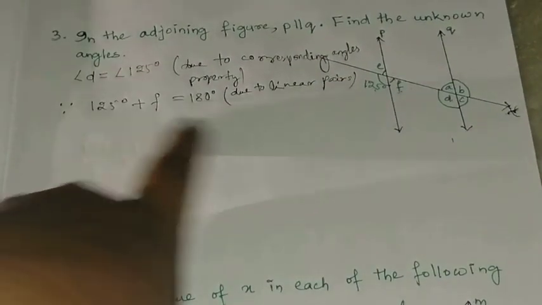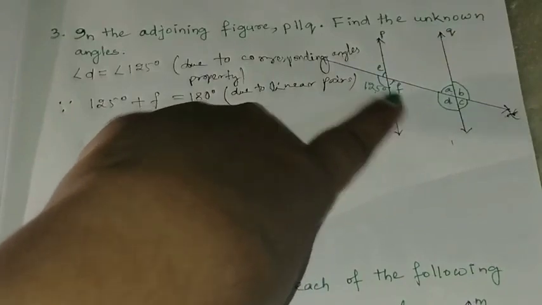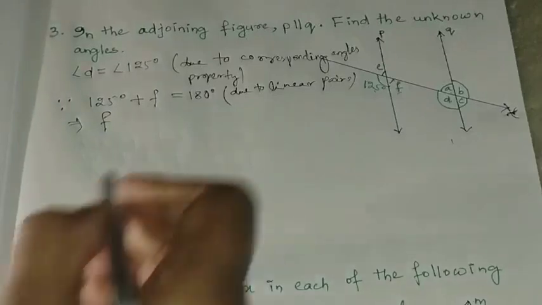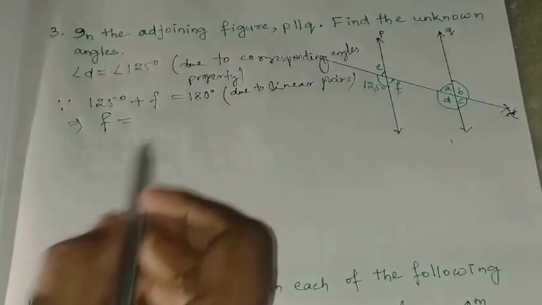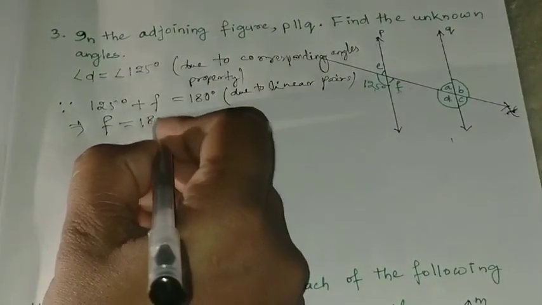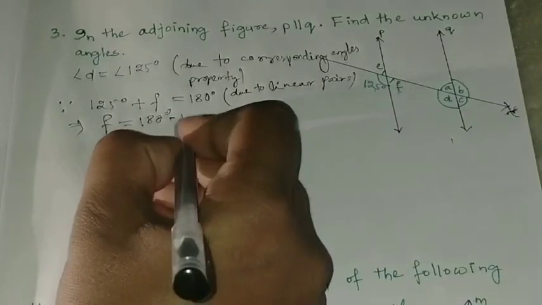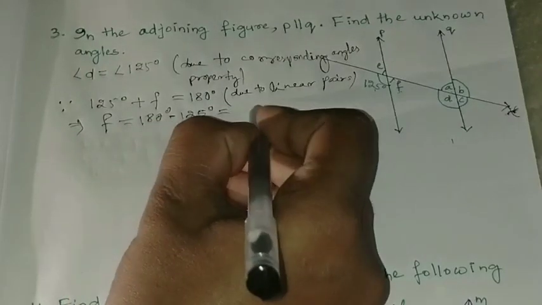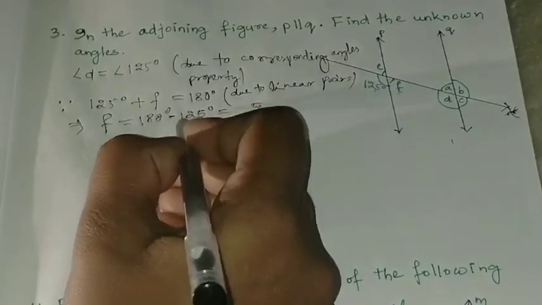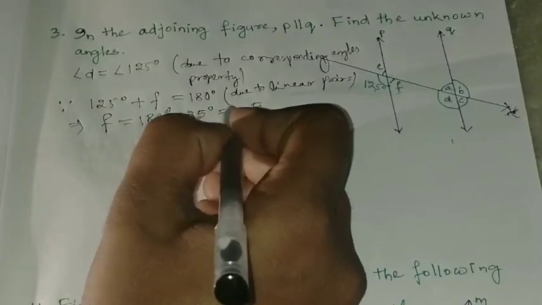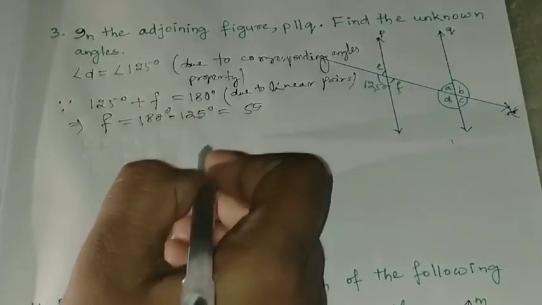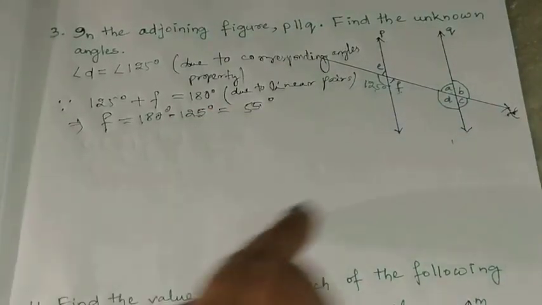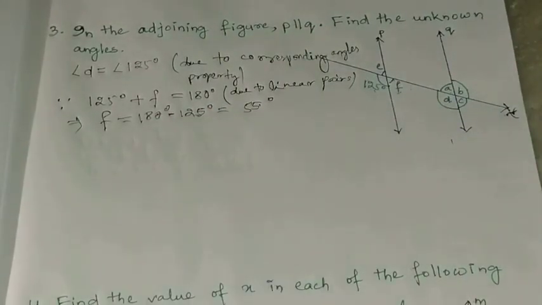So F equals 180 degrees minus 125 degrees. How much are you getting? 55 degrees. So angle F is 55 degrees.